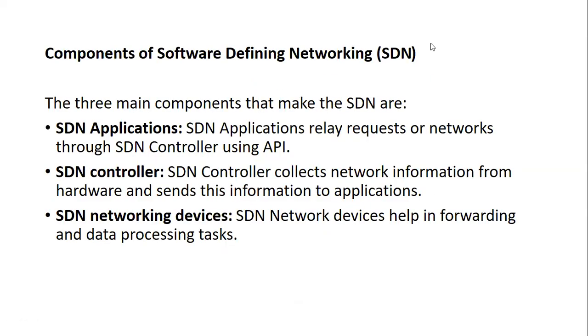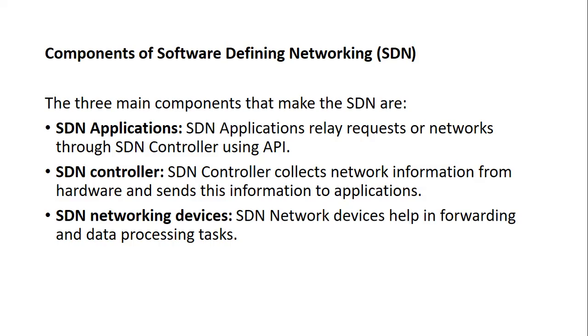Basically, software defined networking consists of three main components: SDN applications, SDN controllers, and SDN networking devices. SDN applications relay requests for the network through the SDN controller using the API.